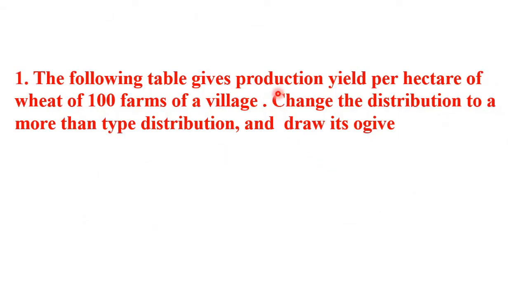The following table gives the production yield per hectare of wheat of 100 farms of a village. Change the distribution to a more than type of distribution and draw its ogive.